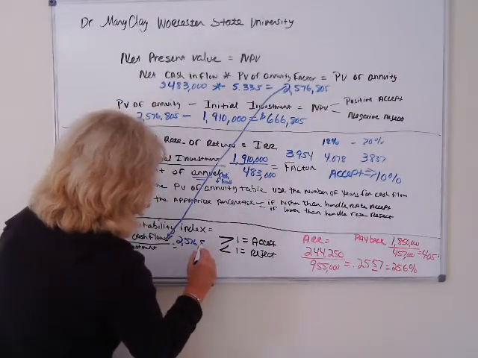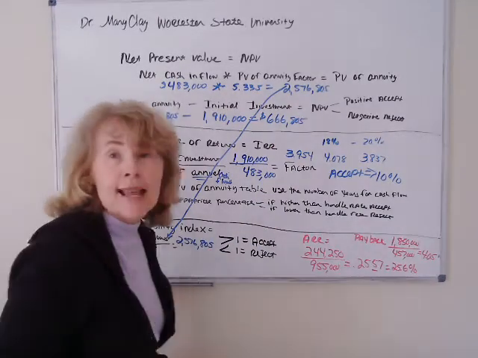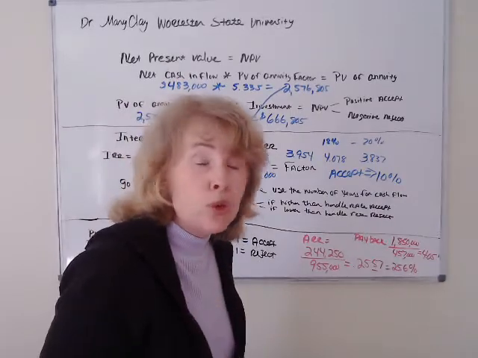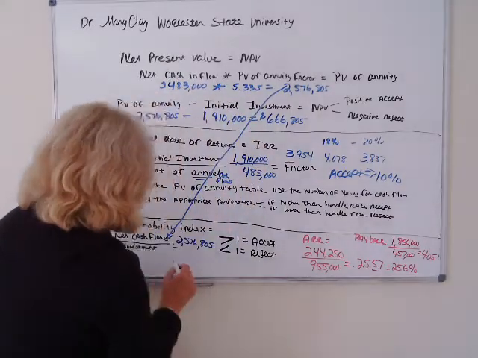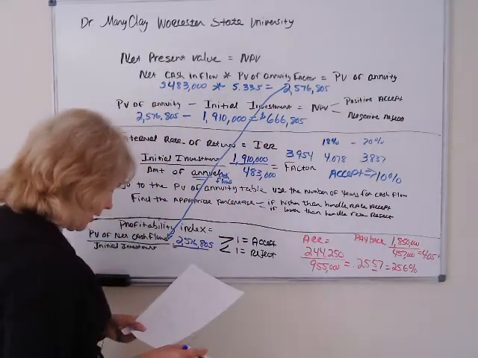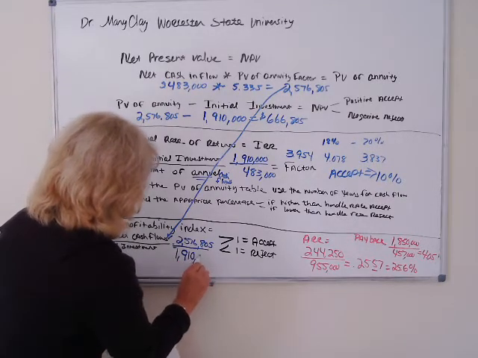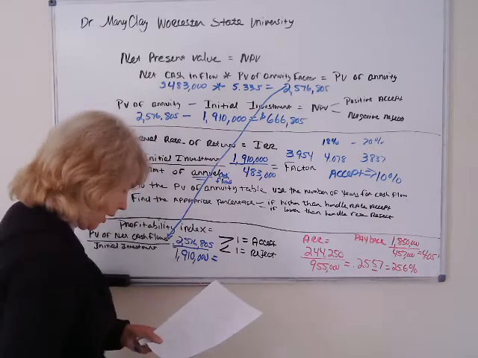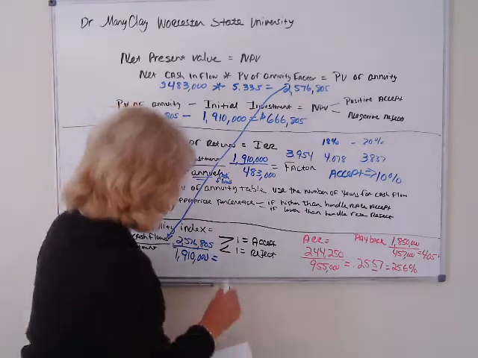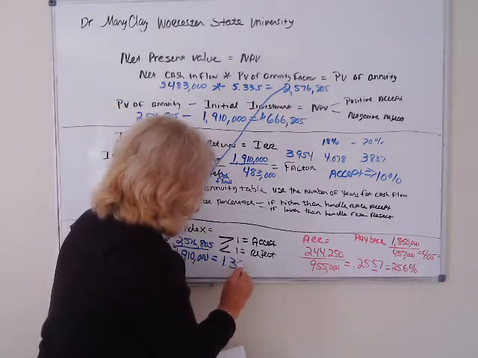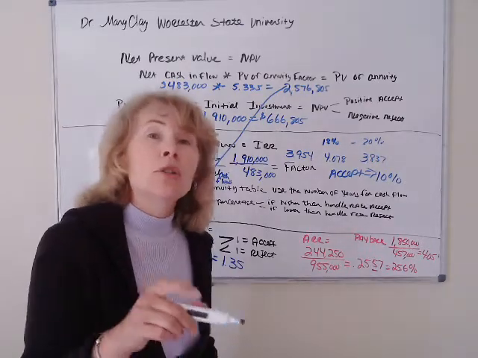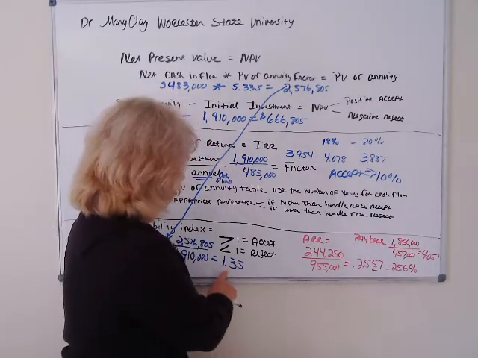And I went over how to do that. You're going to do it the exact same way if you do not have that number. And then we're going to divide that by the initial investment, which is 1,910,000. We divide that out and we get 1.35. Again, that was not your initial number, round to the appropriate place value.